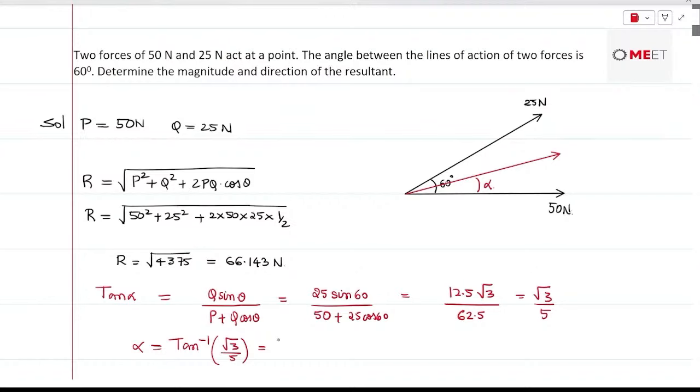This is 19.106 degrees. So here the finding is that the angle alpha is 19.106 degrees.